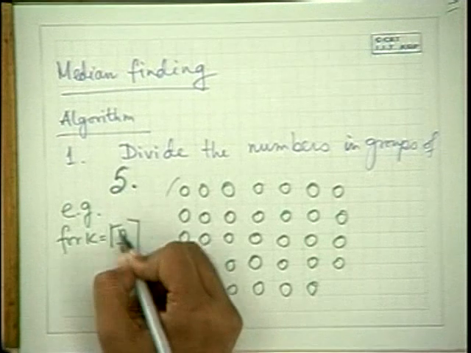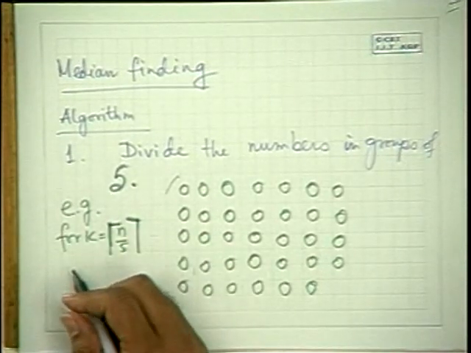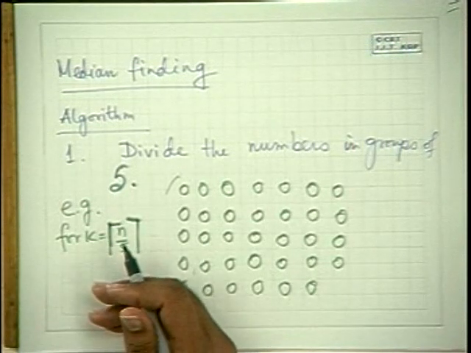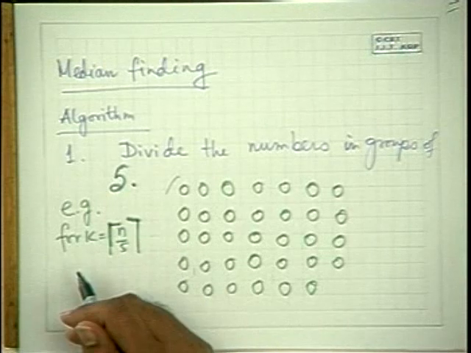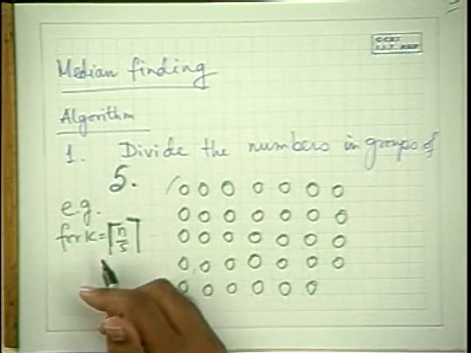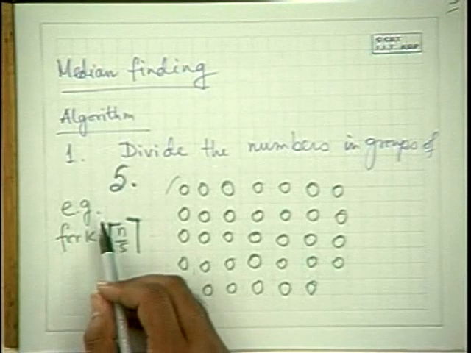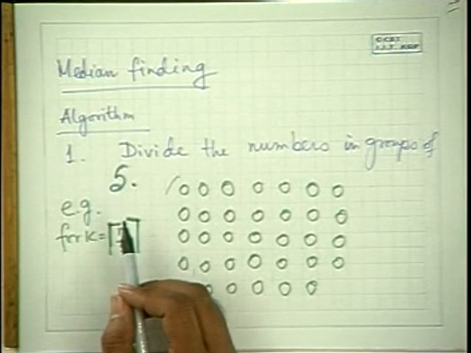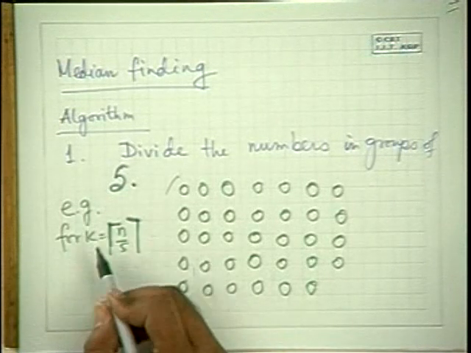Don't worry about the ceiling and floor; you can assume n is divisible by 5. For analysis it will be easier. Otherwise you can always carry out your analysis very precisely, but if you are confused, assume n is divisible by 5. Sometimes it will be easier for you to grasp the concept.